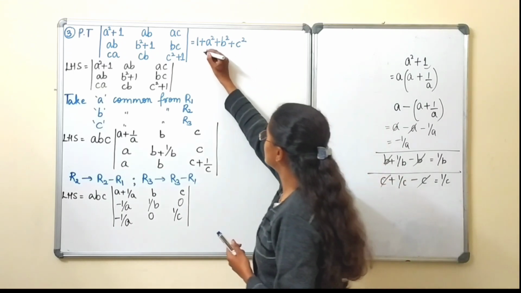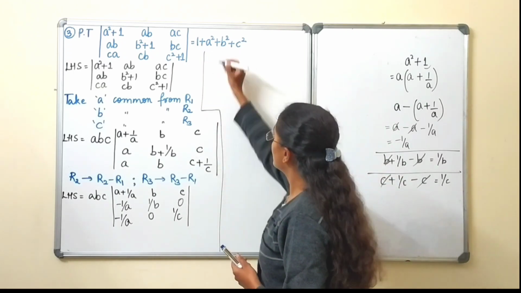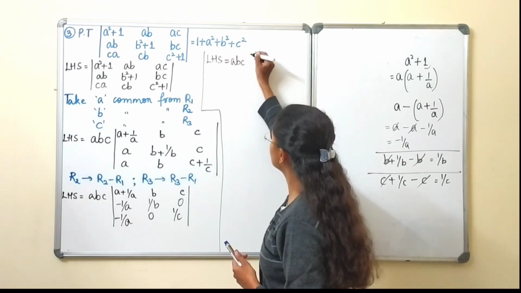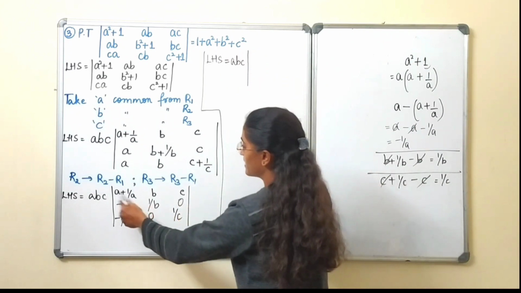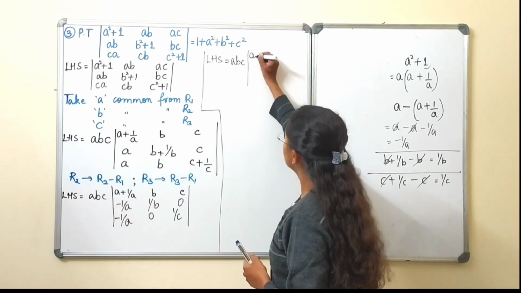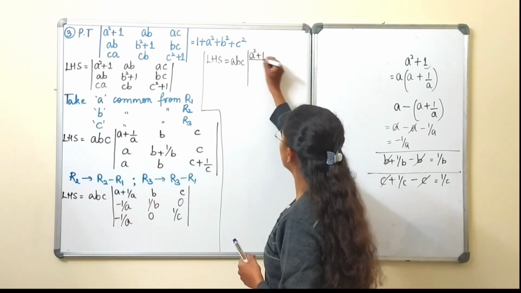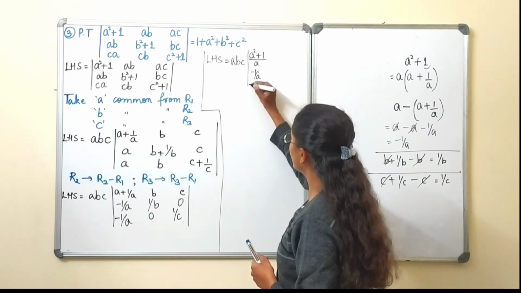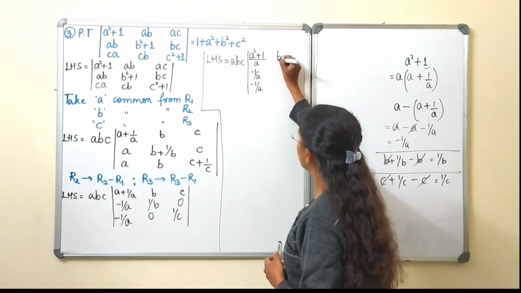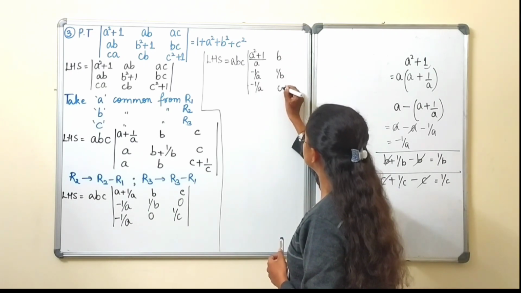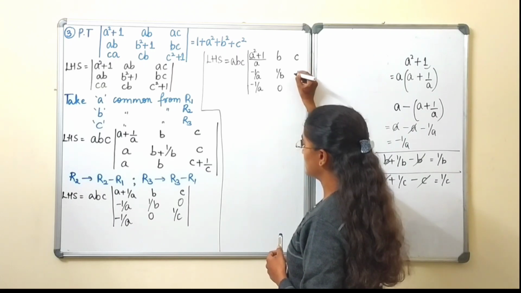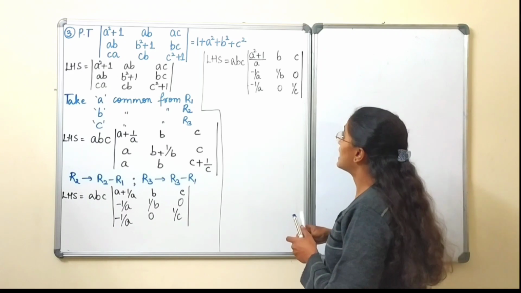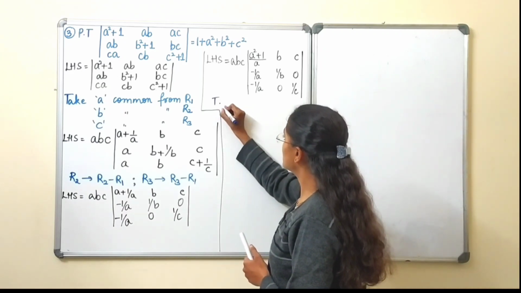Now in the next step, the LHS will be equal to ABC into, I shall take the LCM, and hence we get A square plus 1 by A minus 1 by A minus 1 by A, the first column elements, B 1 by B 0, C 0 1 by C. Now we shall again take some elements common.